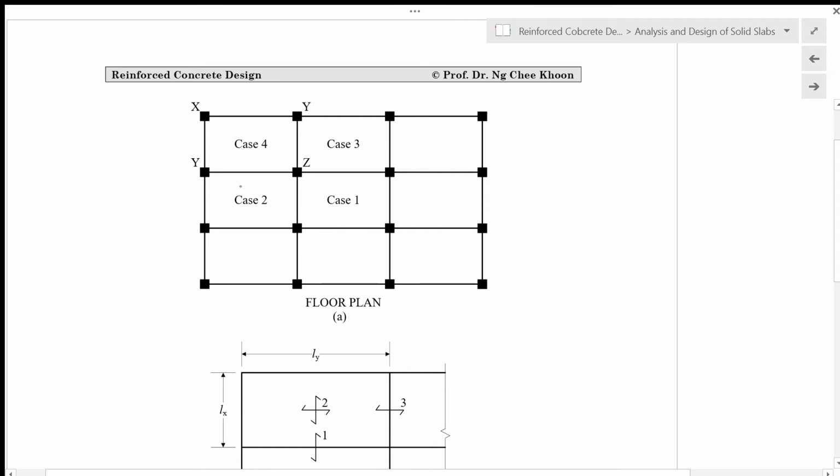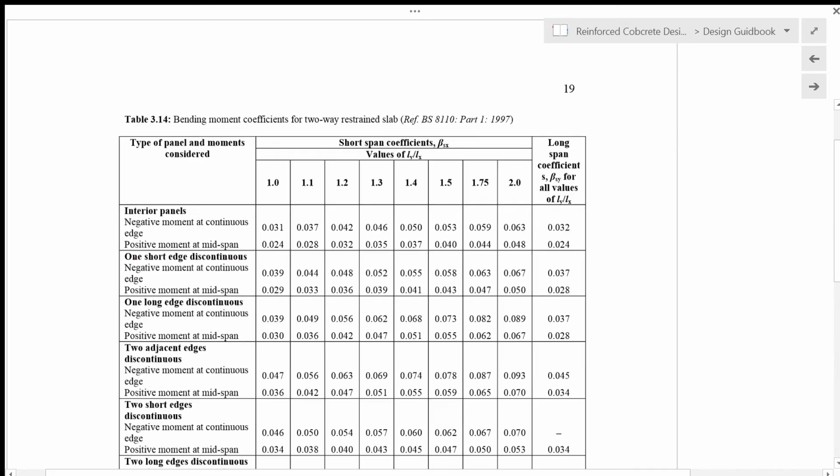And then for case 2 here, we have continuous edges at these 3 sides, and this side is discontinuous. So we have one short edge discontinuous. So this is case 2 in our slab layout.